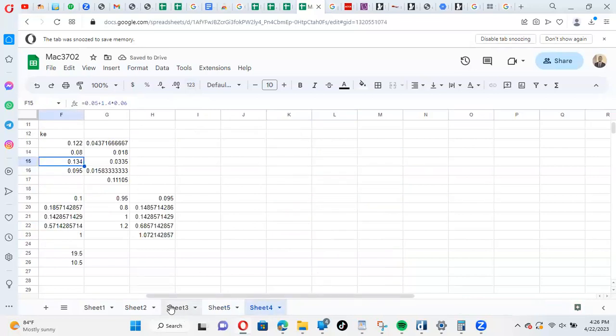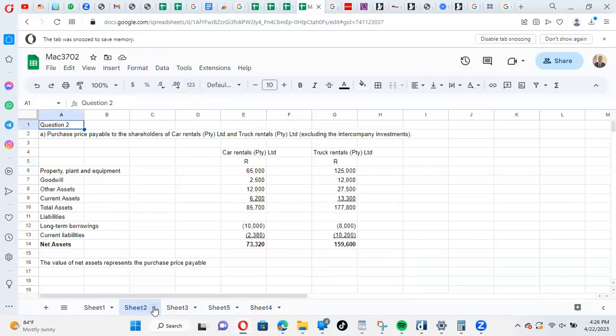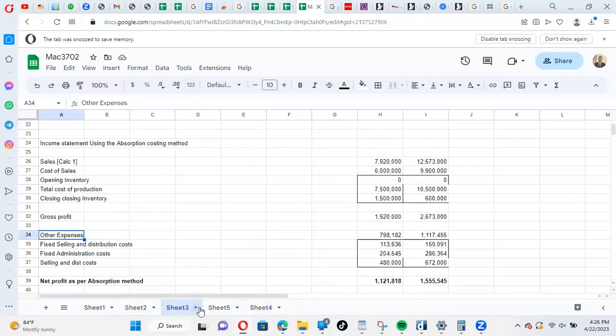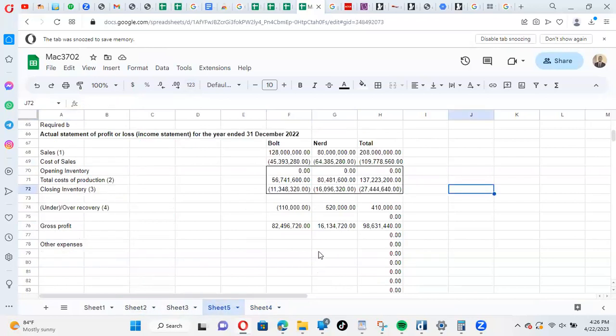I think, where was I? On sheet 2, plant and equipment. Right, so we have our gross profit now. Other expenses. On other expenses, we would obviously need to have selling and distribution.